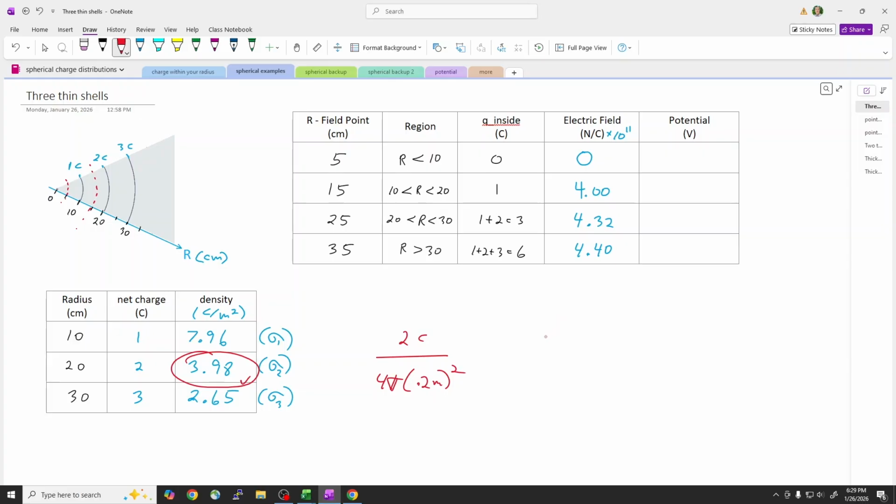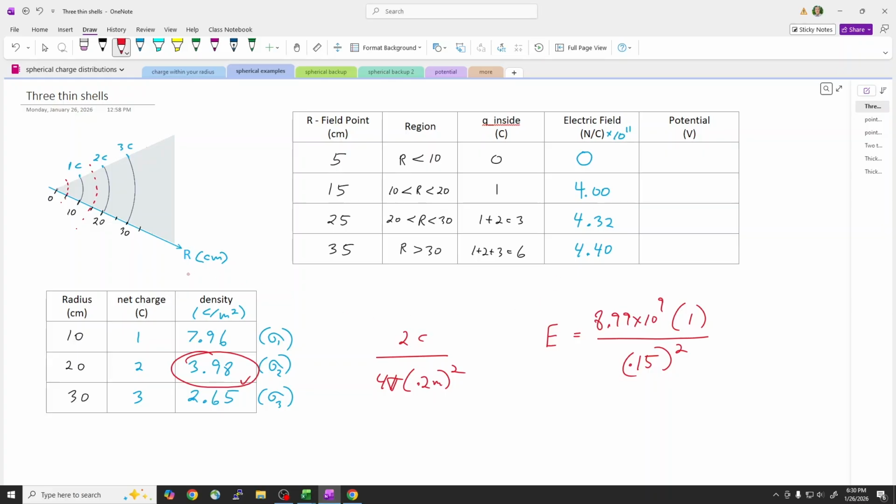So the calculation I expect to do then is K, 8.99 times 10 to the 9, Q, which is 1 coulomb, over r squared. Now that's our radius, the field point at 0.15 meters, 0.15 squared, right? So if you do that calculation, you should get 4 times 10 to the 11th newtons per coulomb.